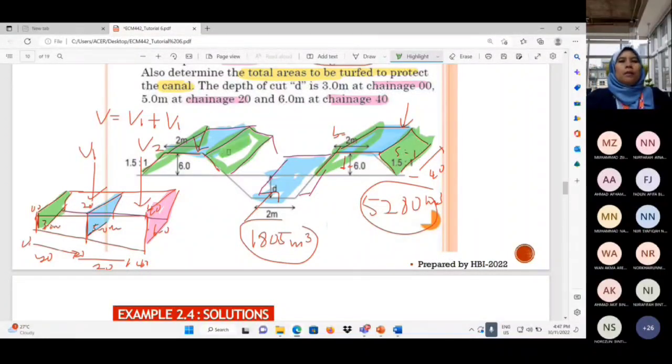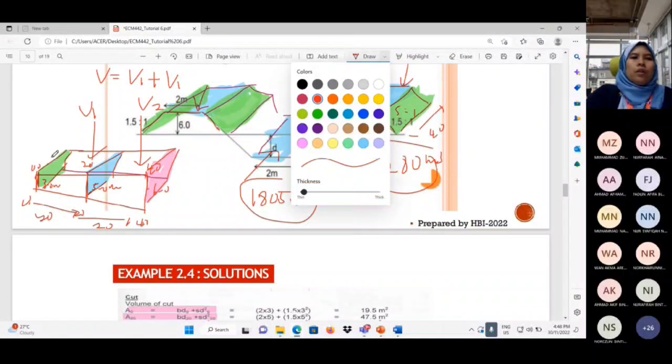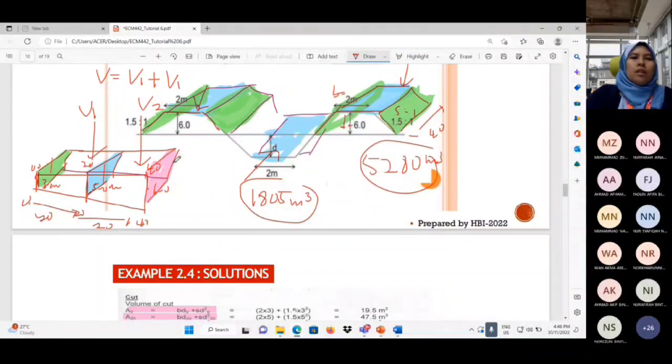So you will use the formula to calculate. There are 4 sections that are the same. However, due to the difference of depth at channel 0, 20 and 40, they might have a difference in terms of the slope area.